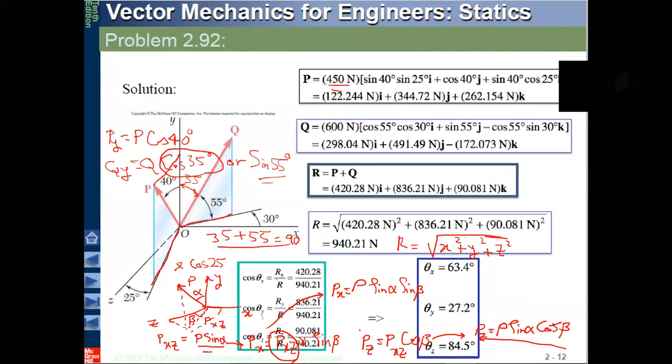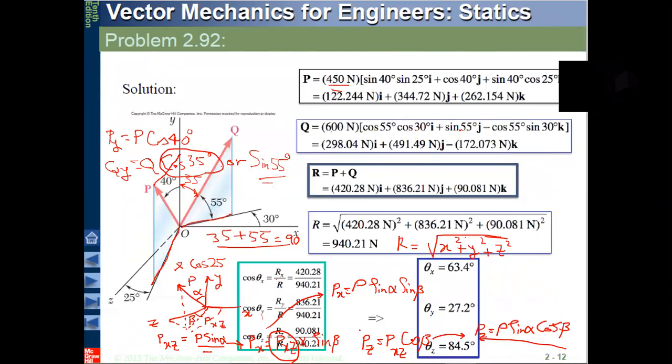So this is what we have done here. 600 is the magnitude of Q. If you multiply this by cosine of 55, you will get the projection on the xz plane. And if you multiply that by cosine of 30, you will get the x component.